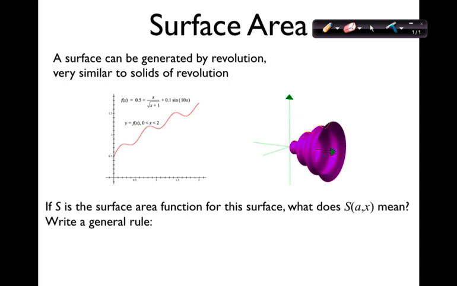What would the general rule be for that? Again, we haven't gotten into the guts and the math of it, but you still should be able to write something down that would be a surface area accumulation function. What do you think?